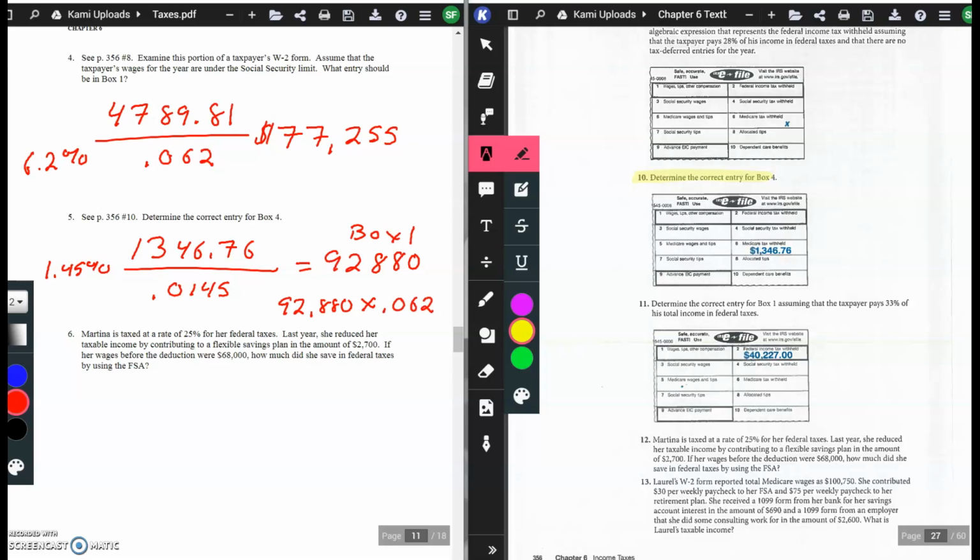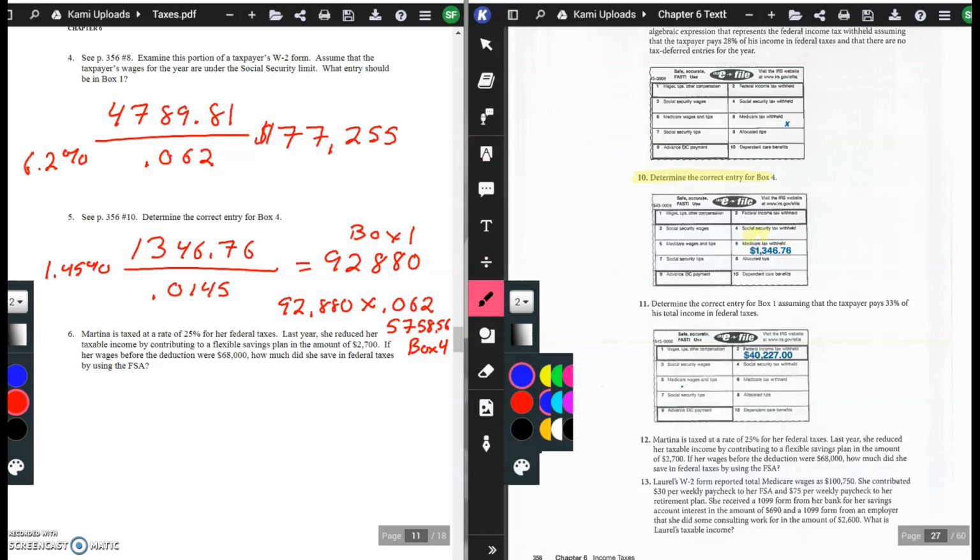So we got to go one step further here for box 4. So $92,880 times 0.062 gives us a Social Security amount of $5,758.56. And that would go in box 4. Okay, so right here, you would write in typically in your textbook 57, 58, 56 in that box.